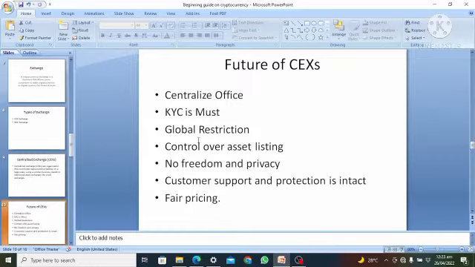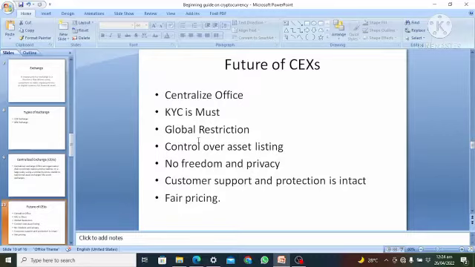No, it must go through some rigorous research to be sure of the asset, because in centralized exchanges they are dealing with people's capital, so they have to be very conscious of what is listed in the market.